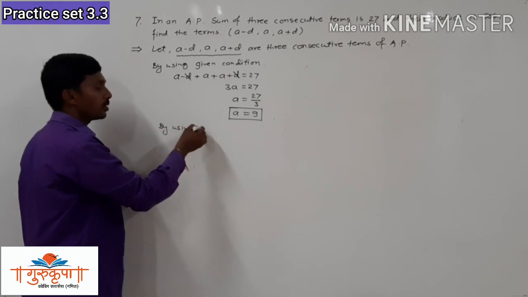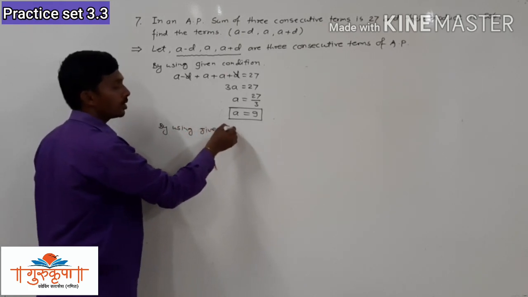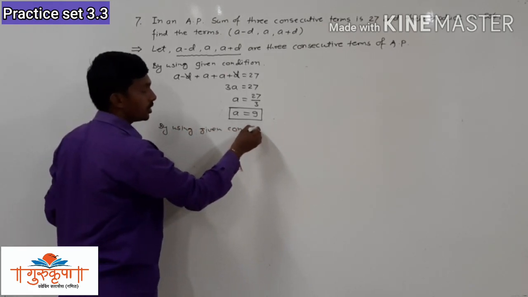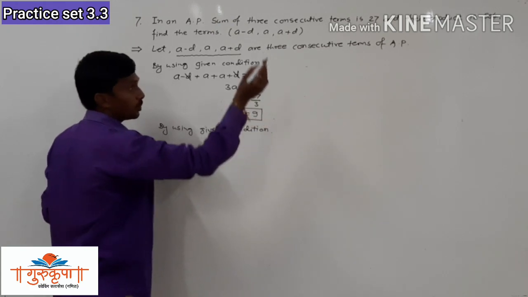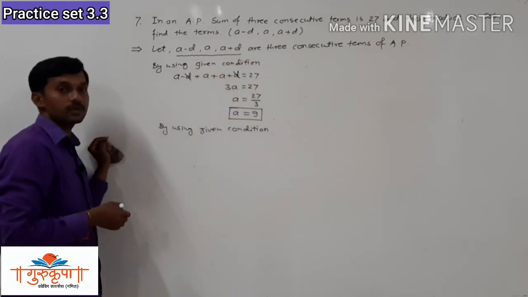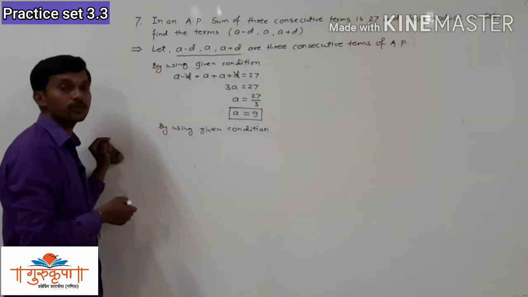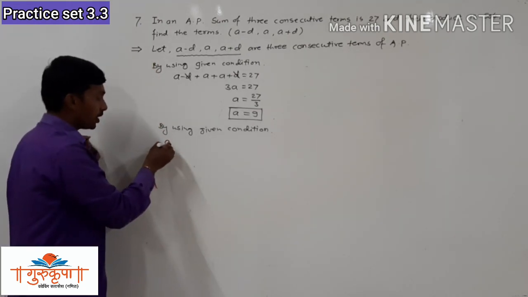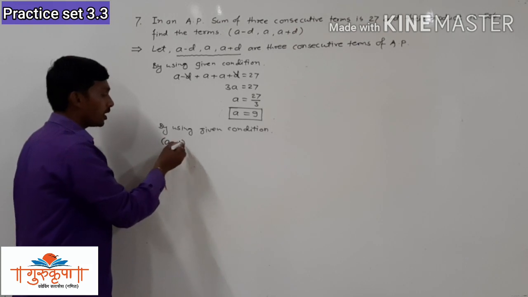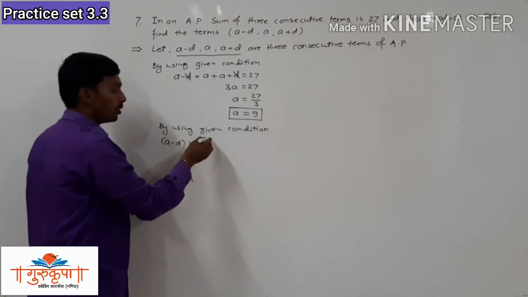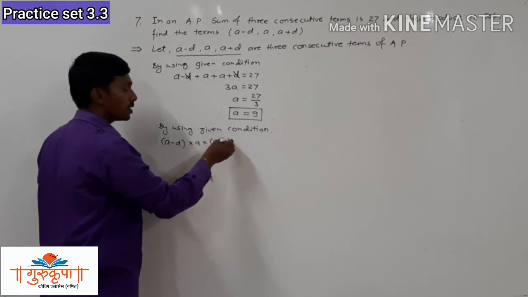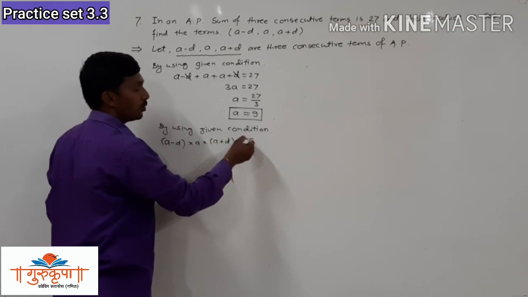What is the given condition? It is given that the product of all the 3 terms is 504. Here we have first term a minus d multiplied by second term a multiplied by third term a plus d, and it is equal to 504.